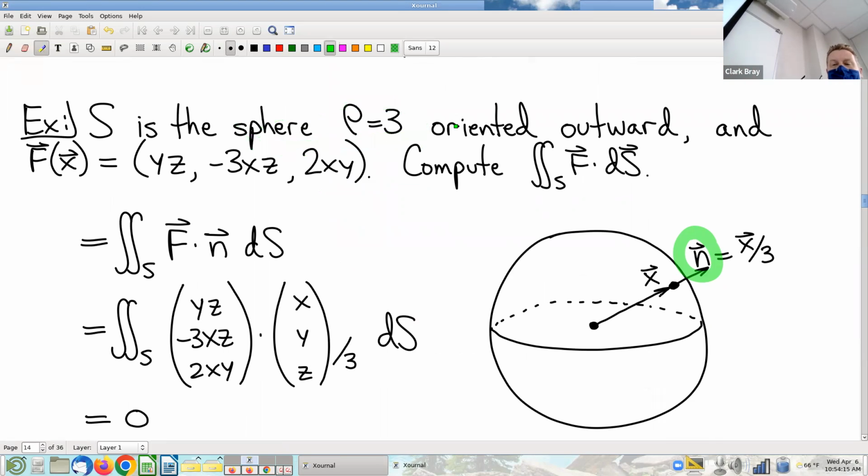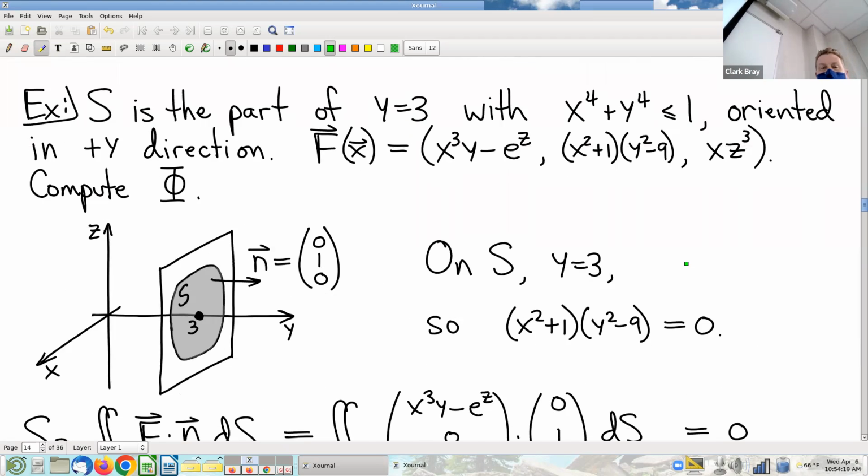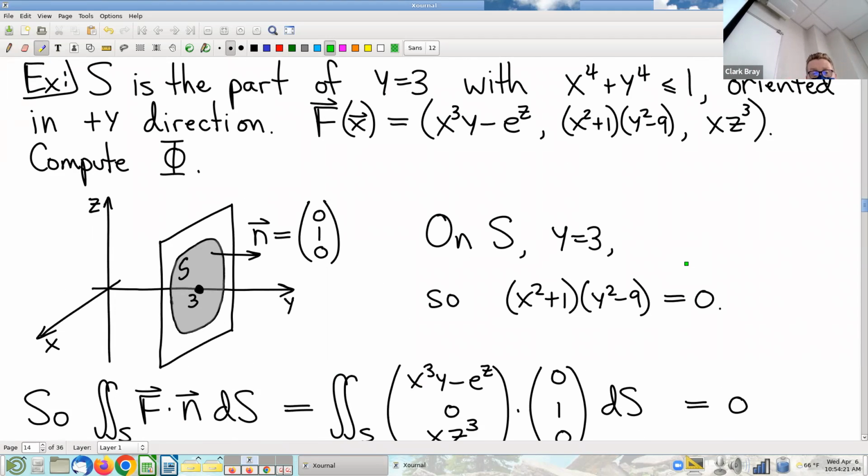All right. Here's another different kind of lucky break that happens sometimes. So here, my surface is a little bit of a weird surface. The surface sits inside of this plane, y equals 3.